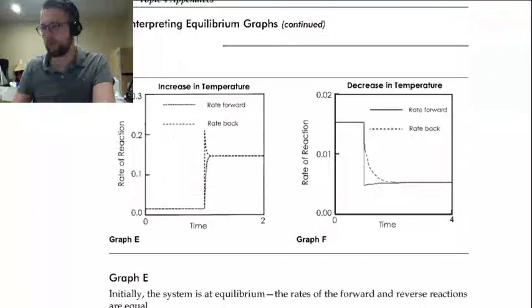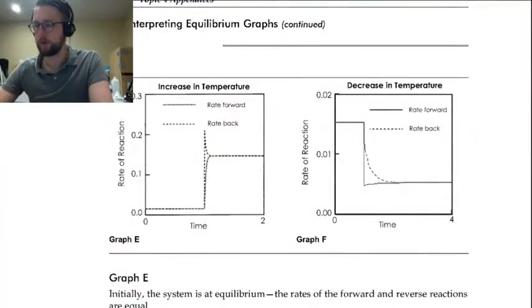All right, so now if you increased the temperature, something interesting will happen. Notice that in the increase in temperature, we are going to get increases in both forward and reverse rates. So what do I want to say here?